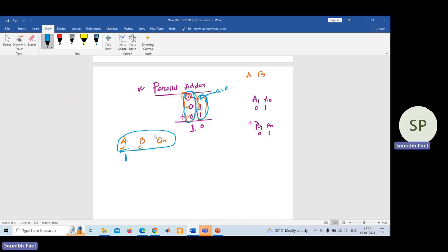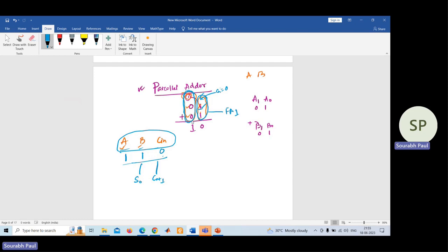So you have A equal to 1, B equal to 1, and carry equal to 0 for this right side part. You have to add these two numbers. We will have two outputs, one sum output and one carry output, which I am calling carry out 1, to indicate this right side full adder, suppose full adder part 1.